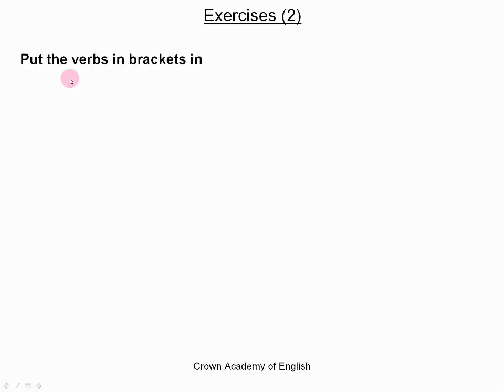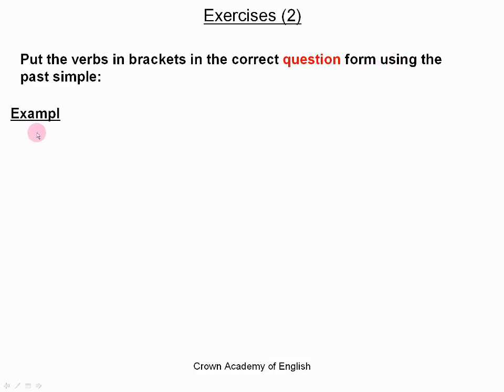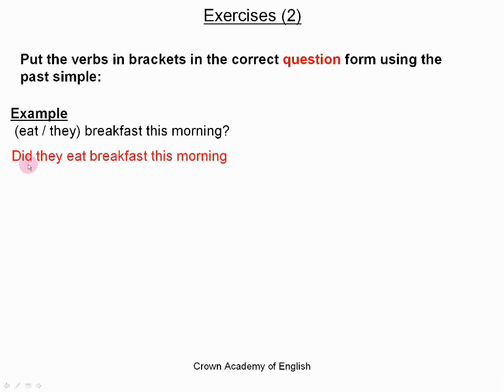Exercise 2. Put the verbs in brackets in the correct question form using the past simple. Example. So the answer here would be, did they eat breakfast this morning? So this is the question form.